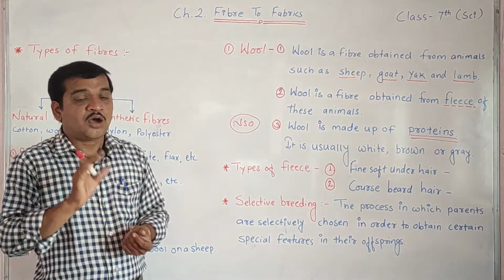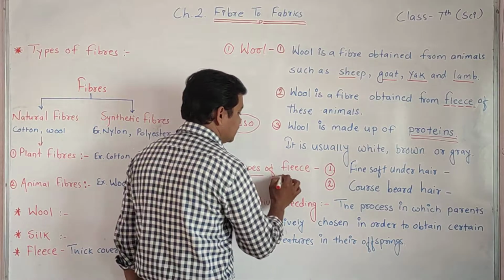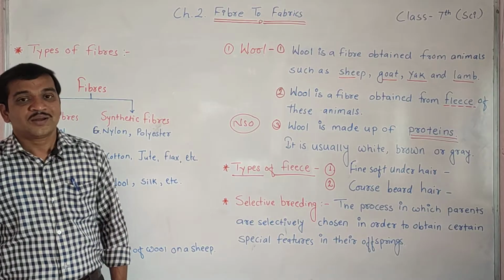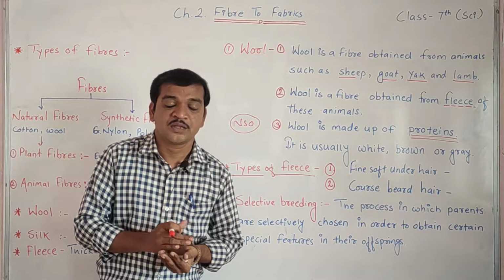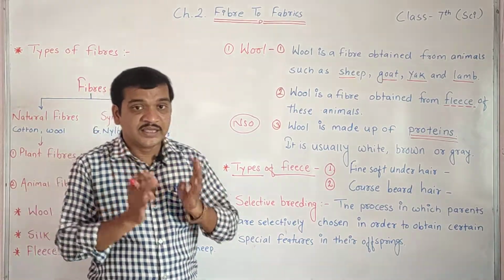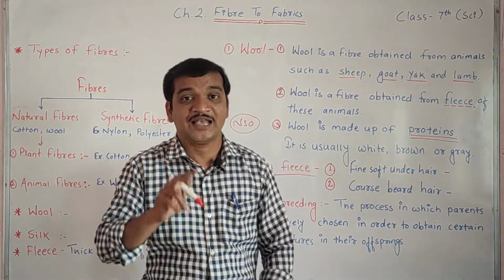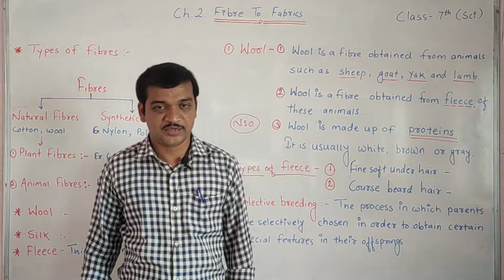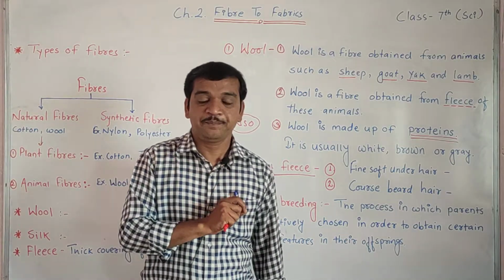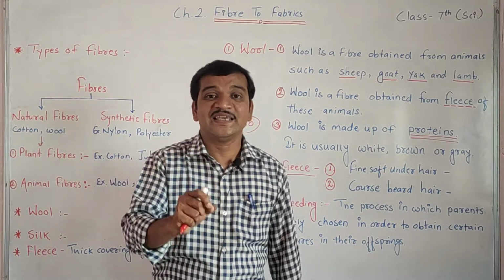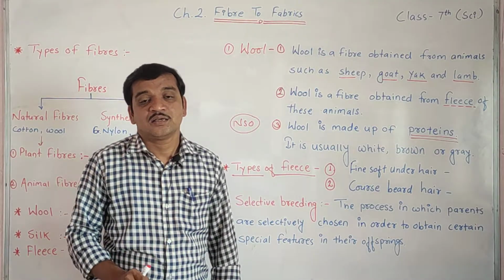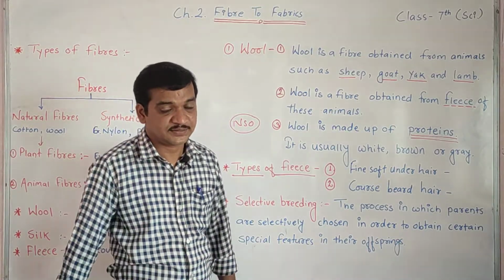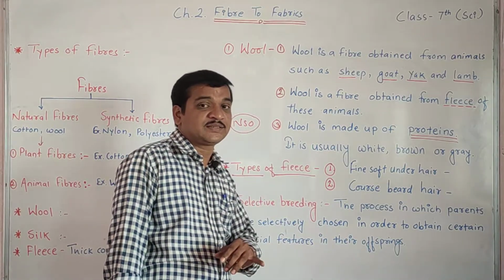Okay students, now types of fleece. Types of fleece means types of hair. Like the human body, the hairy skin of sheep has two types of fleece, or hair, on their body.